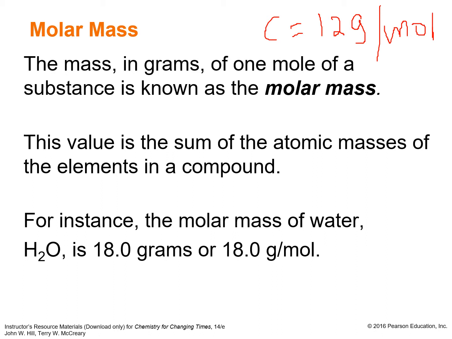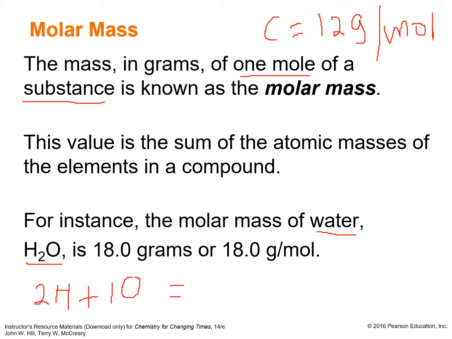So what's molar mass then? The mass in grams of 1 mole of a substance is known as molar mass. This value is the sum of atomic masses of the elements in the compound. For 1 carbon atom, it was C12. Let's look at a common molecule that you have been looking at, which is water, H2O. In a water molecule, there are 2 hydrogens and 1 oxygen.